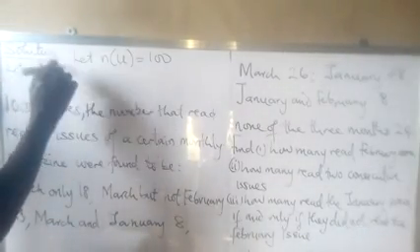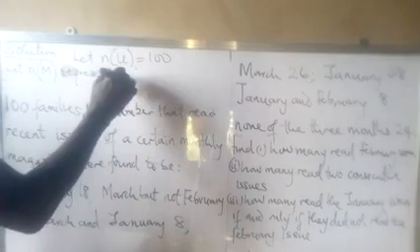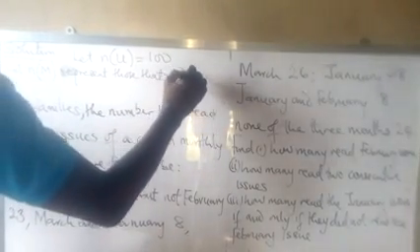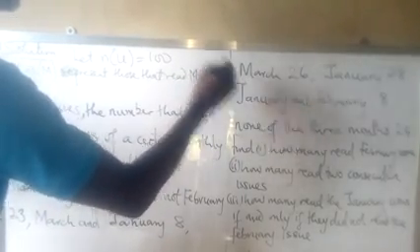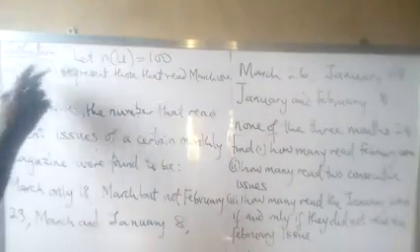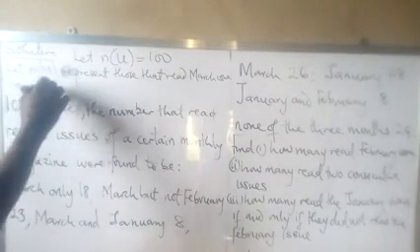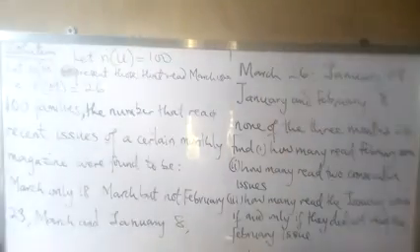Let N of M represent those that read the March issue. Are we given that? Yes, N of M is given to be 26. Okay, now what next?